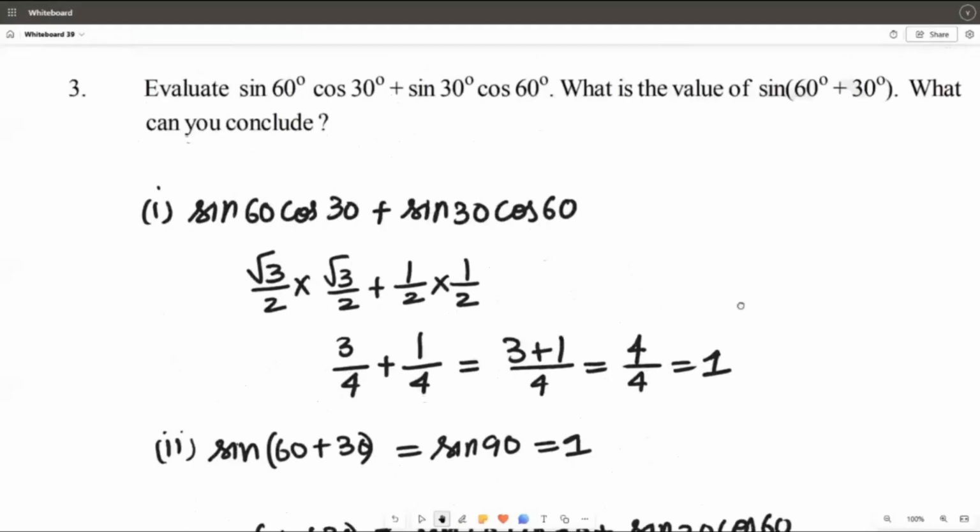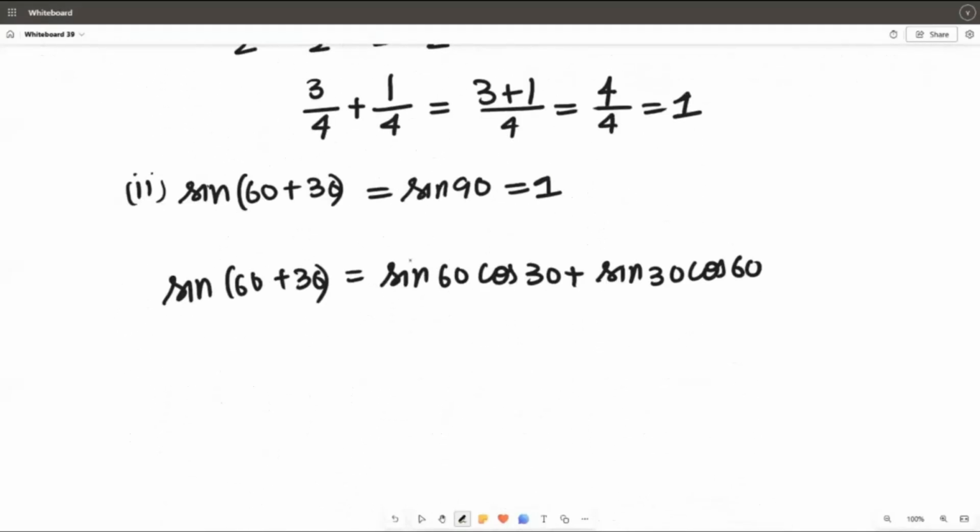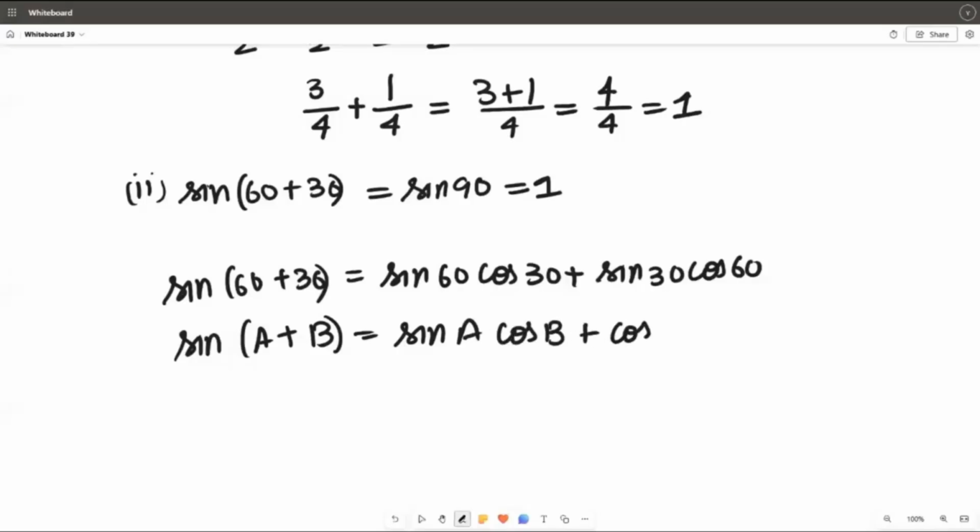This proves the sine identity, which says sin (A plus B), where A and B can be any angles, is equal to sin A into cos B plus cos A into sin B.